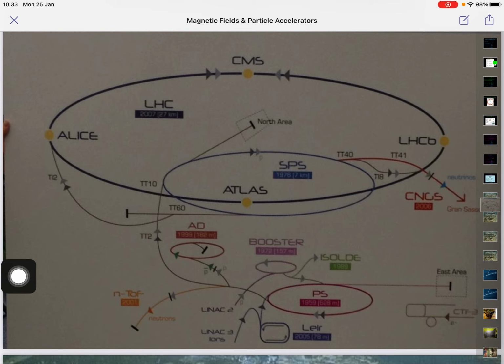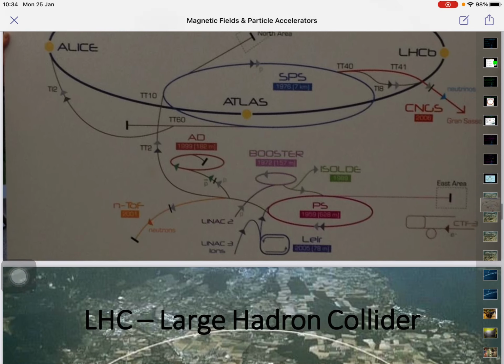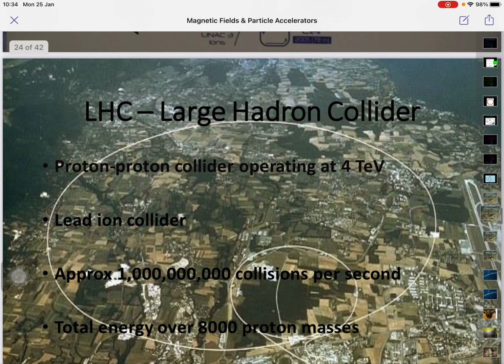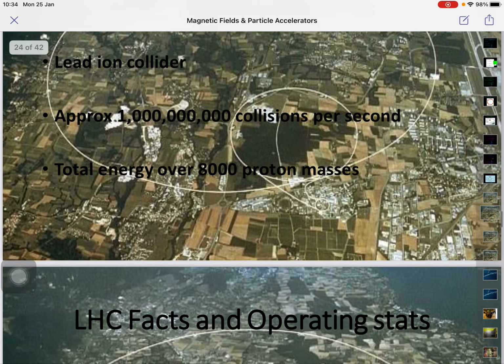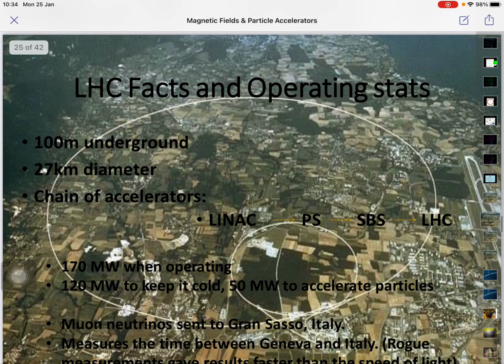All of them have the same purpose, which is to accelerate the particles. But without the magnetic fields, you wouldn't be able to steer them. So it's all designed using the interaction between electric and magnetic fields to allow them to accelerate close to the speed of light. So here's just some information about the Large Hadron Collider.